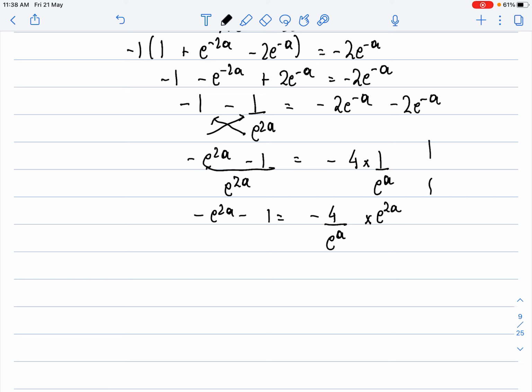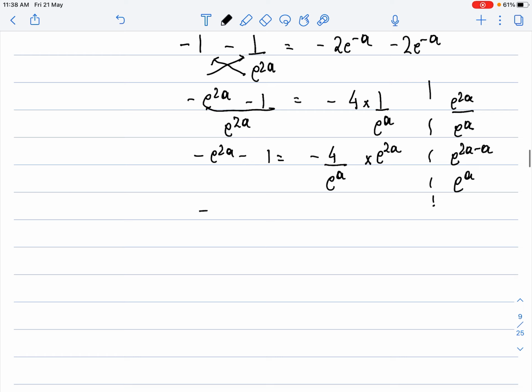Using simple indices, e raised to 2a over e raised to a is e raised to 2a minus a, which is e raised to a. So now I have minus e raised to 2a minus 1 equals minus 4 into e raised to a.